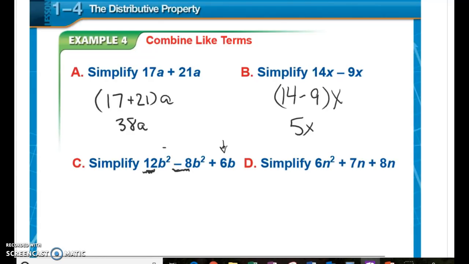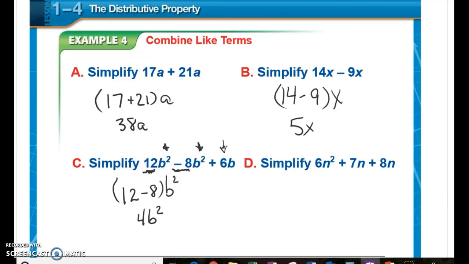But this one is, because both of these have the b squared with them. So you take the number in front, 12, and subtract minus 8. So this is 12 minus 8 b squared. So 12 minus 8 is 4, and that's 4b squared.